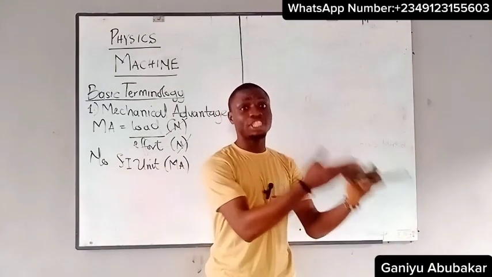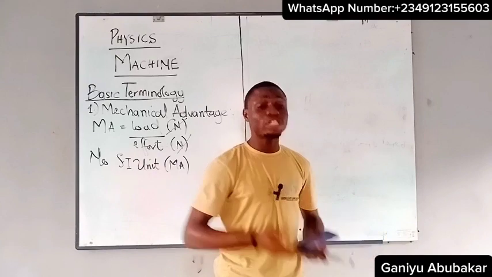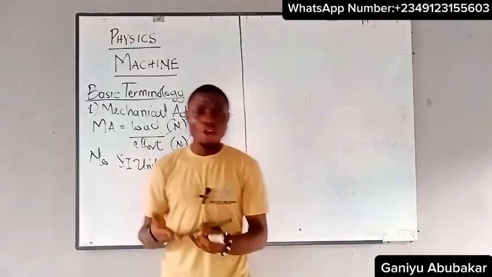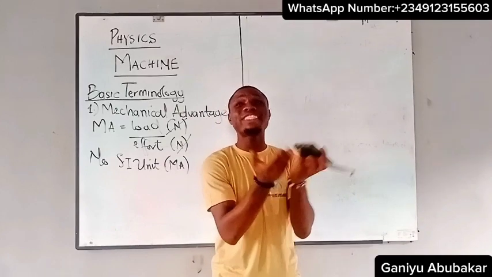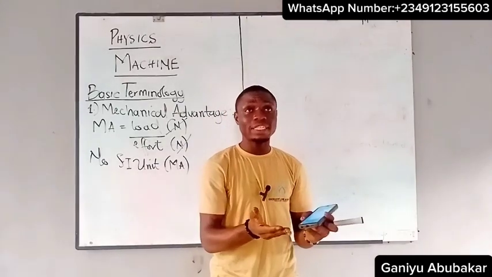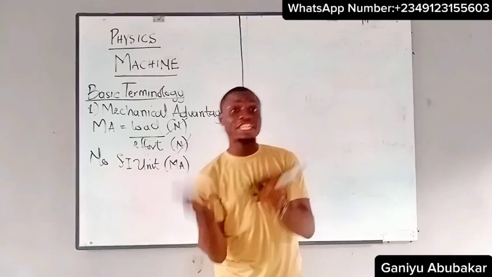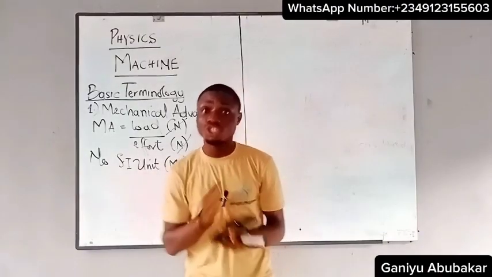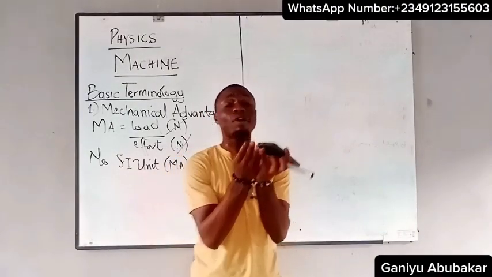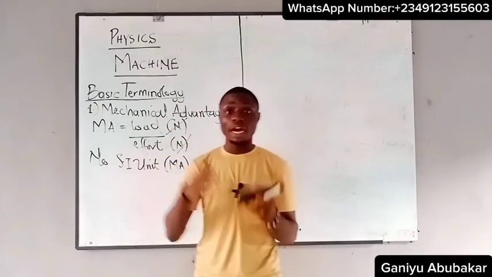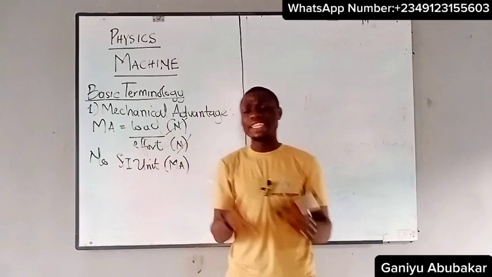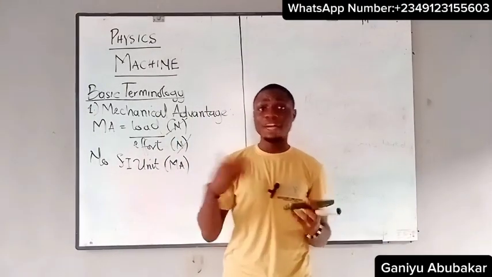There's always friction acting in the machine. But for the sake of solving problems, we have what we call an ideal machine, a machine that has no friction. In real life, it does not exist.